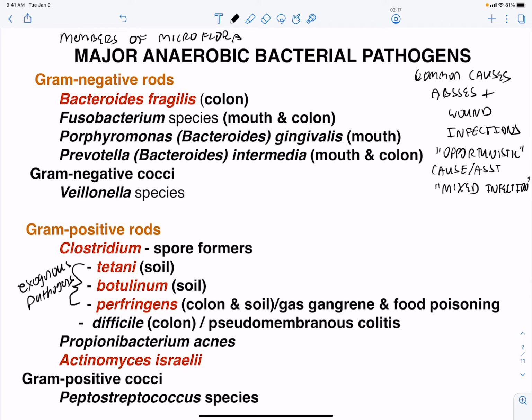Now, Clostridium difficile can colonize the colon. Perfringens can also colonize the colon, but tetani and botulinum are only in the soil. They don't colonize us at all. Now, the tetani and botulinum can cause severe disease, and these can be fatal.